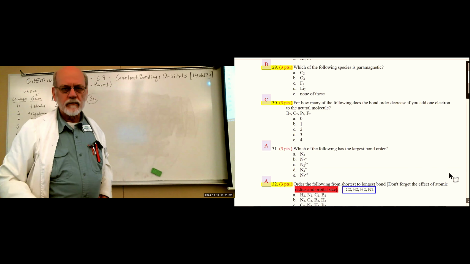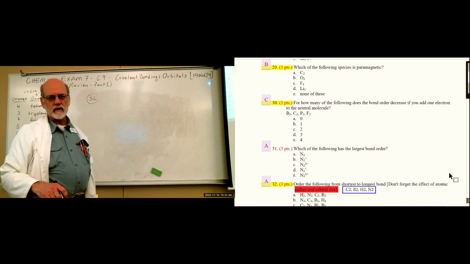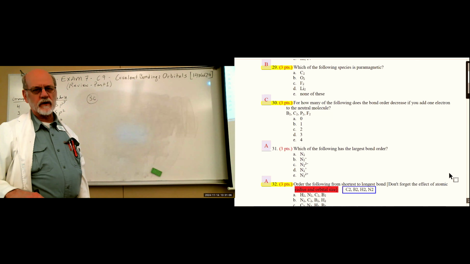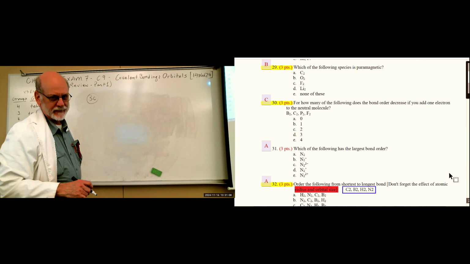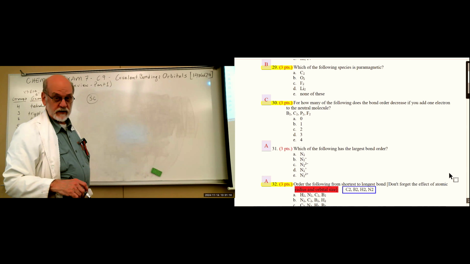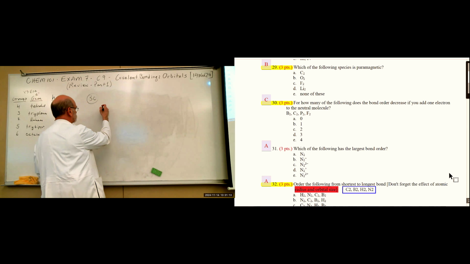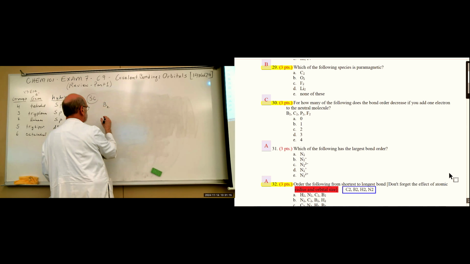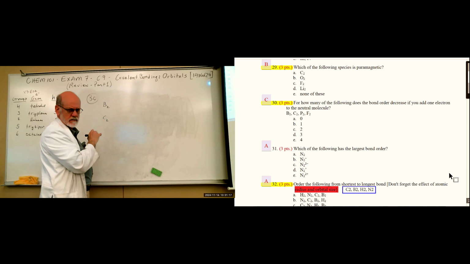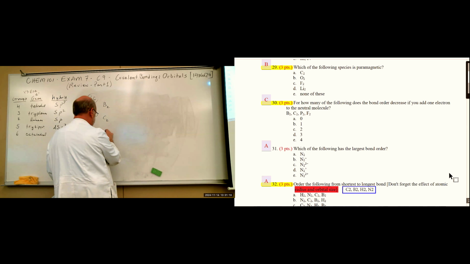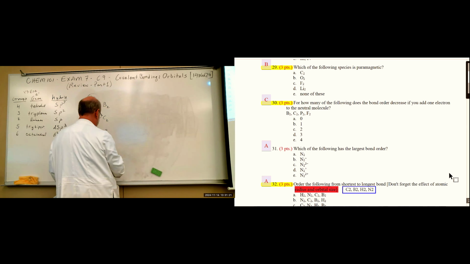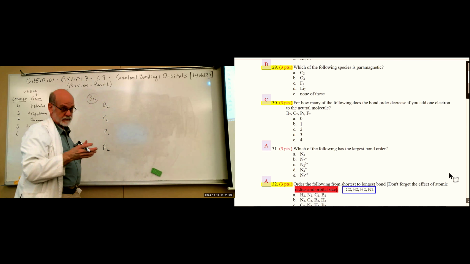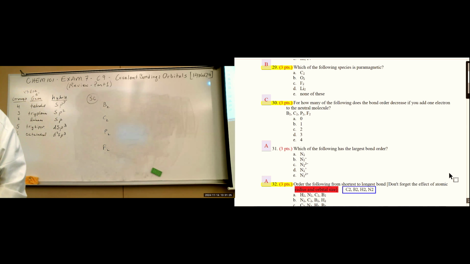All right. For how many of the following does the bond order decrease if you add 1 electron to the neutral molecule? B2, C2, N2, and F2. Again, to save yourself some time, I'd go to the given here.